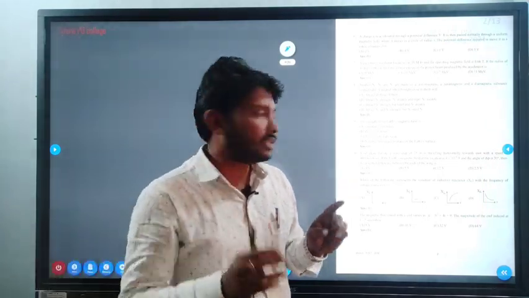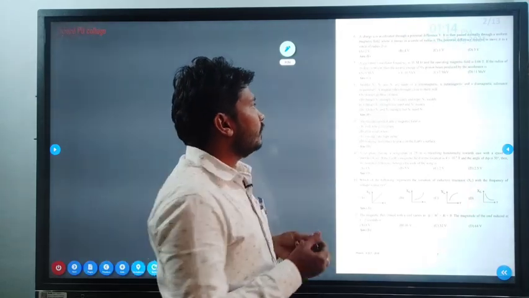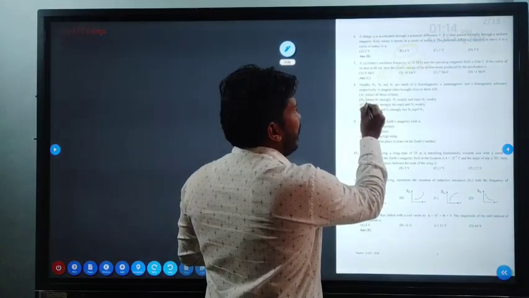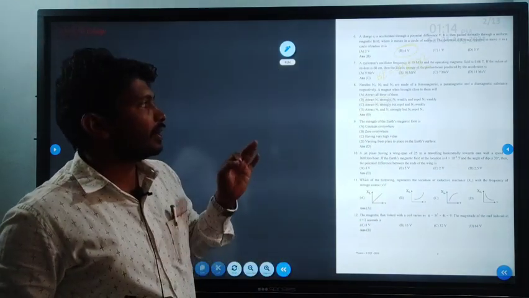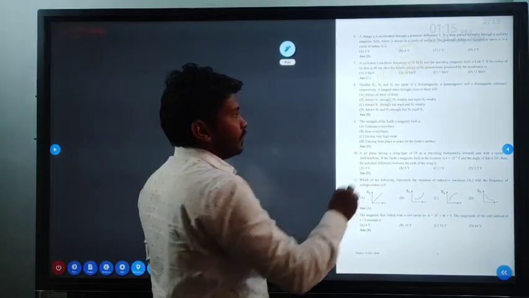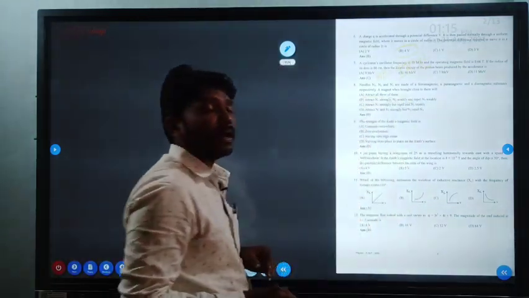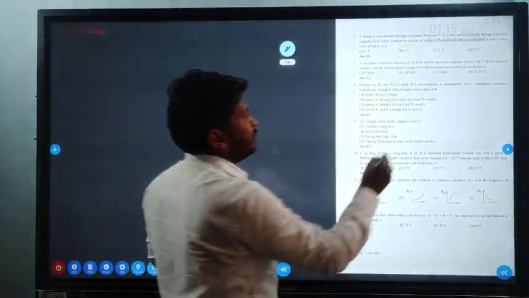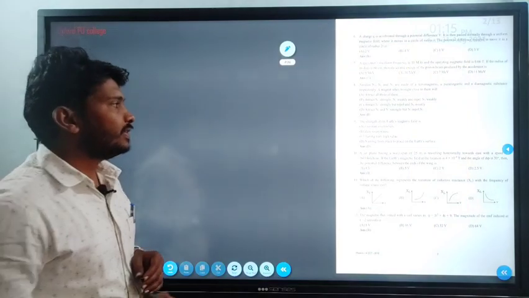So the second option is right: the magnet attracts N1 strongly, weakly attracts the paramagnetic one, and weakly repels the diamagnetic one.